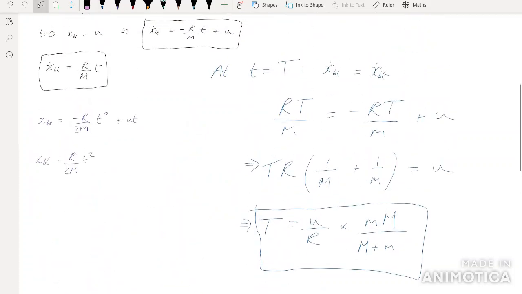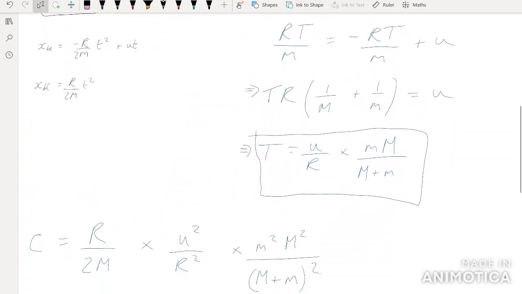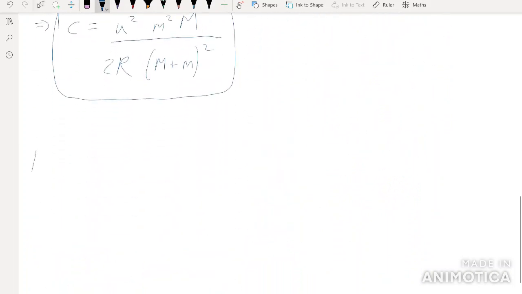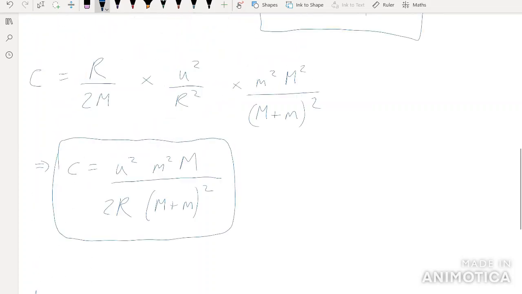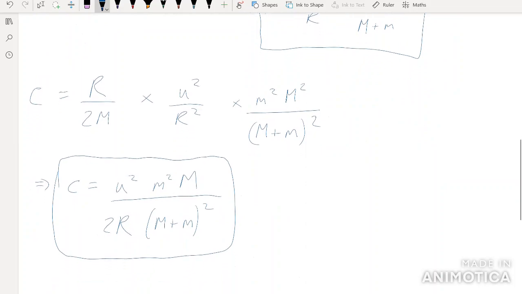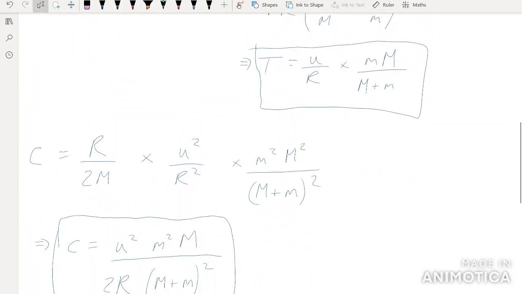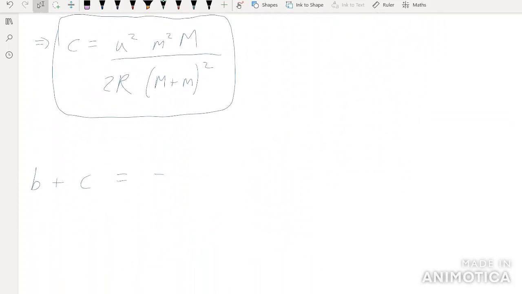And then X bullet is going to be B plus C is equal to minus R over 2M. Well, actually, that's just going to be the same thing, but minus, just subbing it in, we'll get minus U squared M squared over 2R M plus M squared.